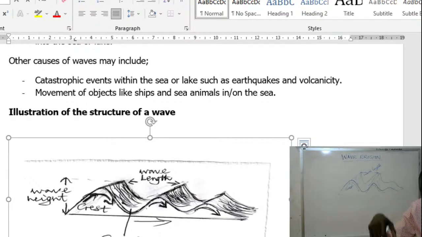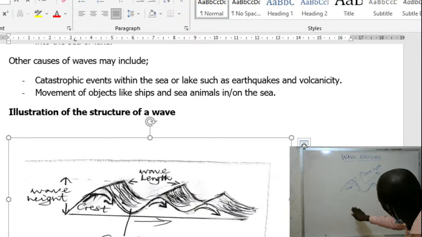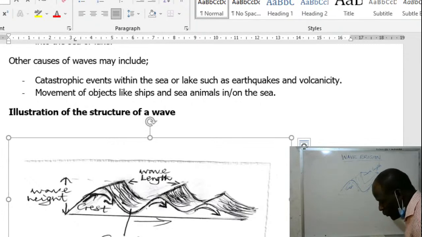So the wave moves in the form of crests. So these crests are oscillations, ups and downs. So we have a crest, that's the up, then it drops, then it again rises in that form as it goes towards the coast. So that is a simple structure of the wave and how water moves in the form of what we are calling the oscillations, the ups and downs.